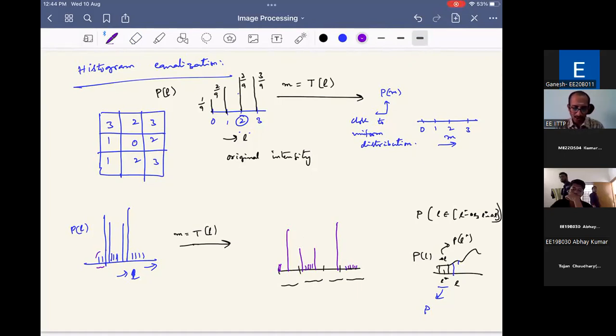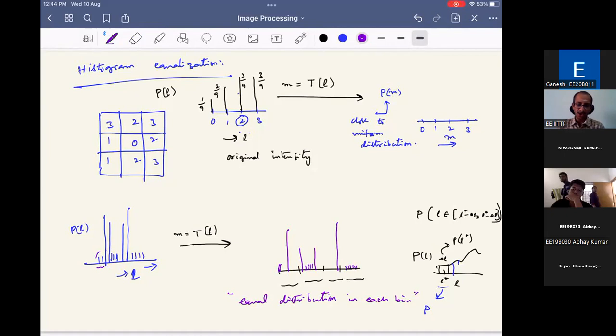So we would like to have equal distribution in each bin. How big should the bin be? That depends upon the number of pixels I have, the intensity distribution we have originally, and many of those things.